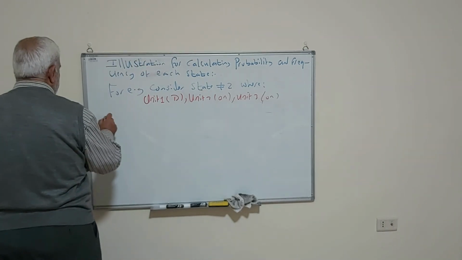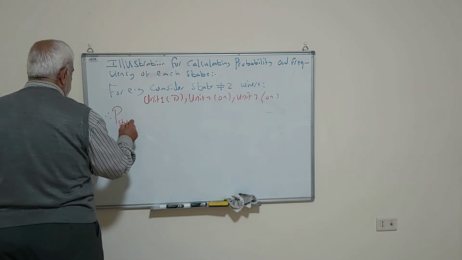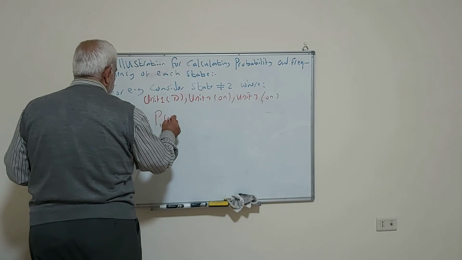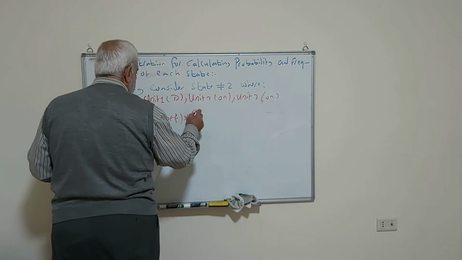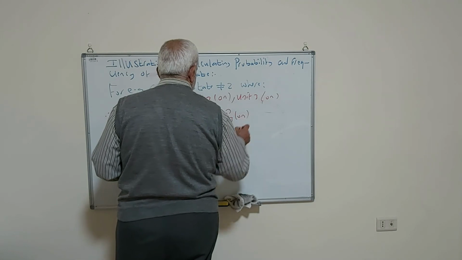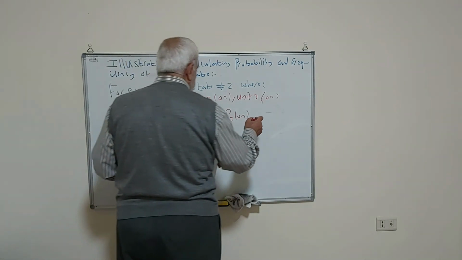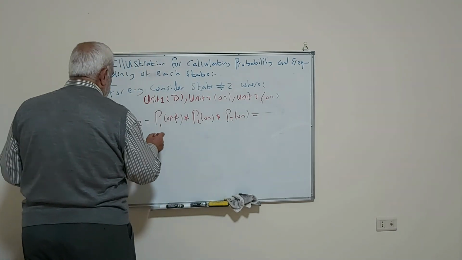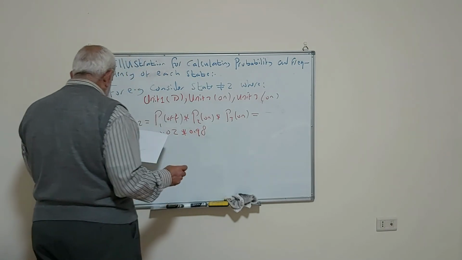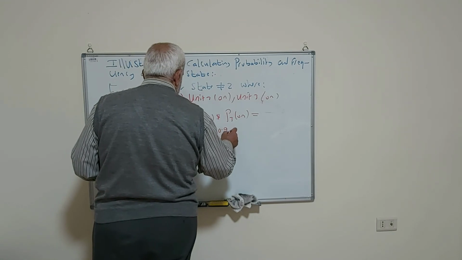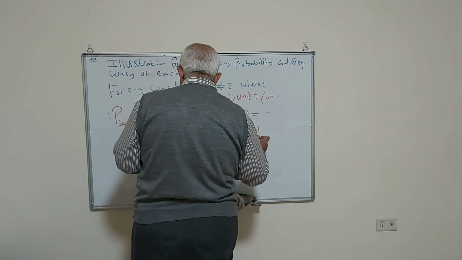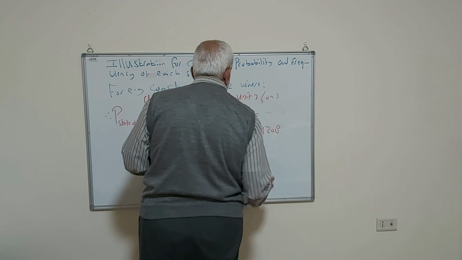So the probability of state number 2 is equal to P1 off times P2 on times P3 on, which is equal to 0.02 times 0.98 times 0.98, and this is equal to 0.019208.